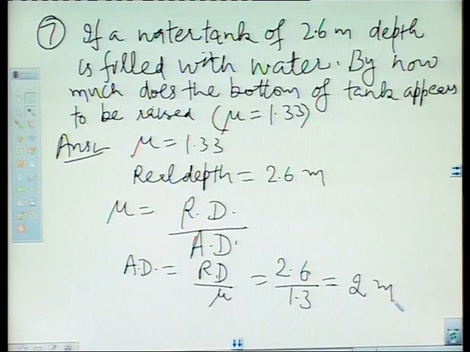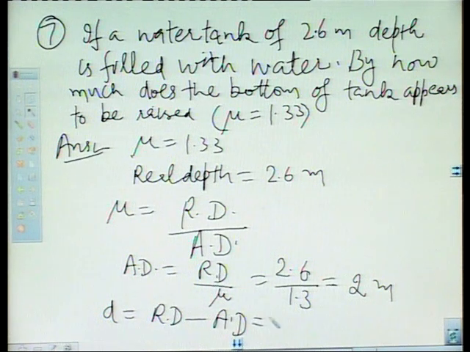So the bottom appears to be raised by distance d, which is equal to real depth minus apparent depth. It is equal to 2.6 minus 2. It comes out to be equal to 0.6 meter. So bottom appears to be lifted by a distance of 0.6 meter.